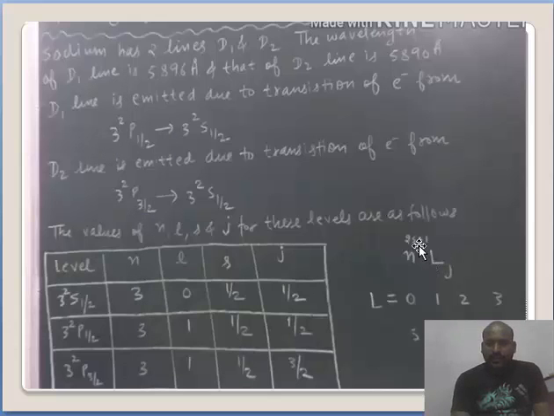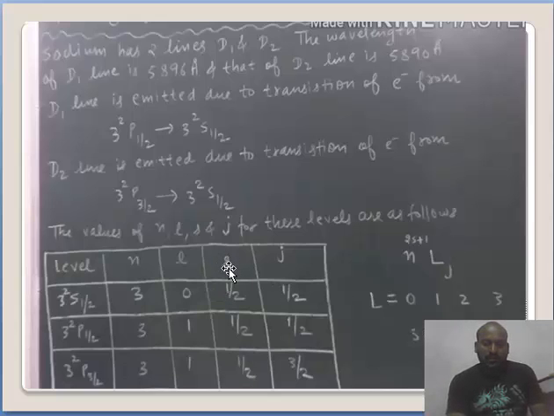Look here, N values are all 3, and L is equal to 0. Automatically when the value L is equal to 0, it is considered the S level.